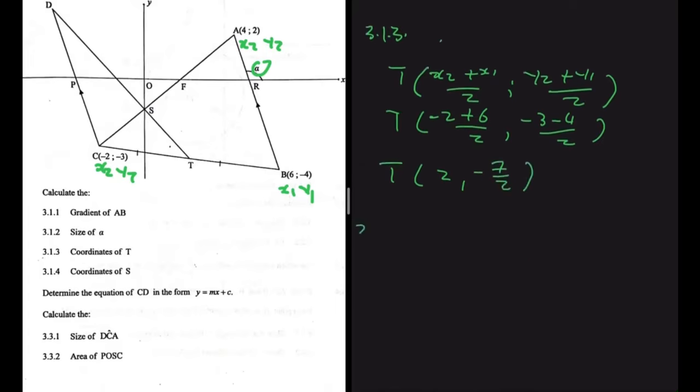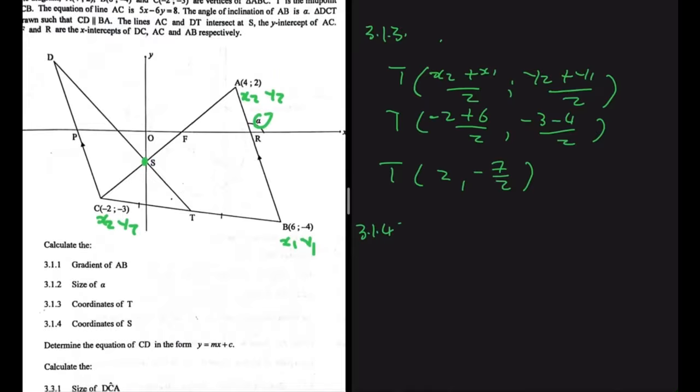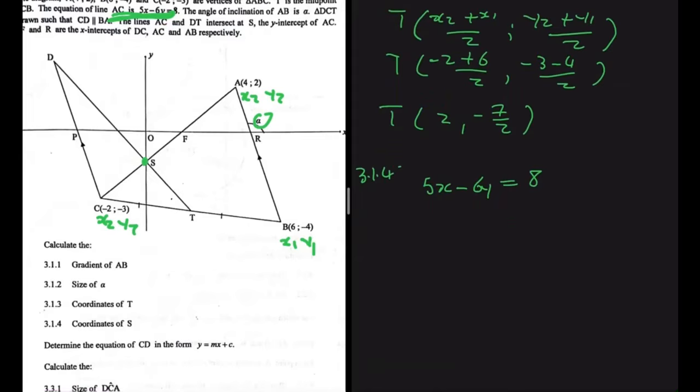Let's do 3.1.4. It says let's determine the coordinates of S. Luckily, we are given the equation of line AC: 5x minus 6y equals 8. Looking at S, the x coordinate of S is 0, so we can substitute that.